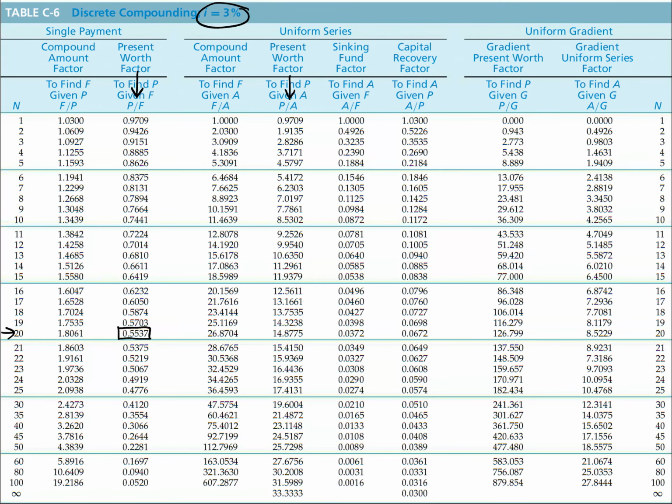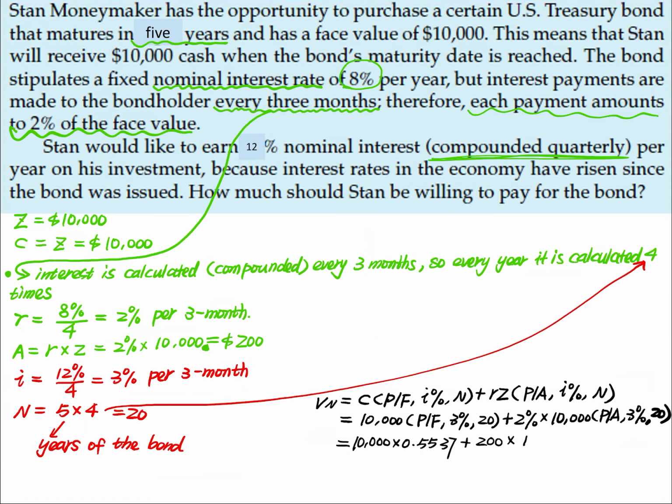Another part of the equation is 2% times 10,000, that's 200, times the factor P/A, N is 20, so that is the factor, 14.8775. So the final is 8,512.5. So that is the maximum price you want to pay for this 10,000 bond coupon.